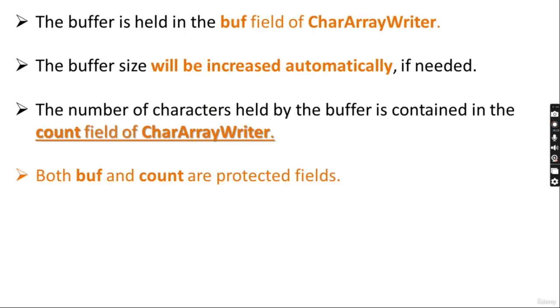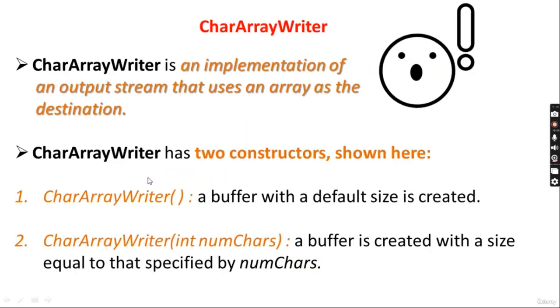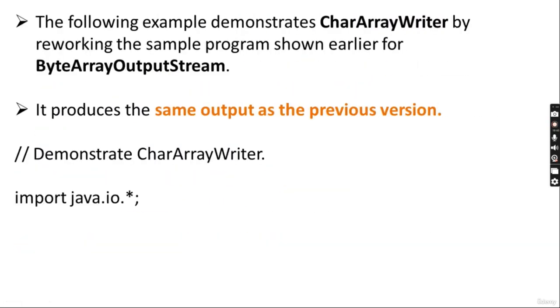So this is done automatically in the background; you need not worry about it. The buffer size will be automatically increased as and when required, and buffer and count both are protected fields in the case of CharArrayWriter.